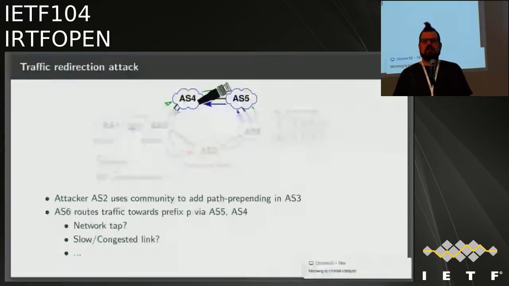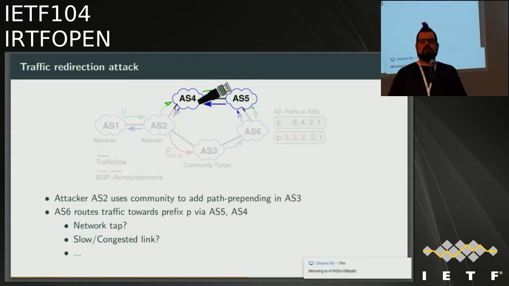And the other thing, it could just be a denial of service attack, because it's known that the link between AS4 and 5 is a very thin link with not as much bandwidth as would be needed. So by redirecting traffic there, you could actually fill that link.